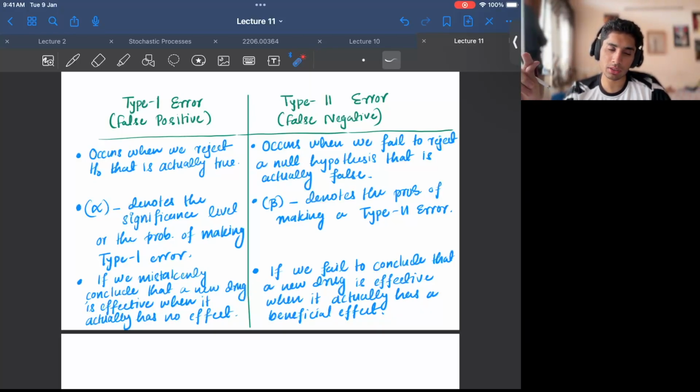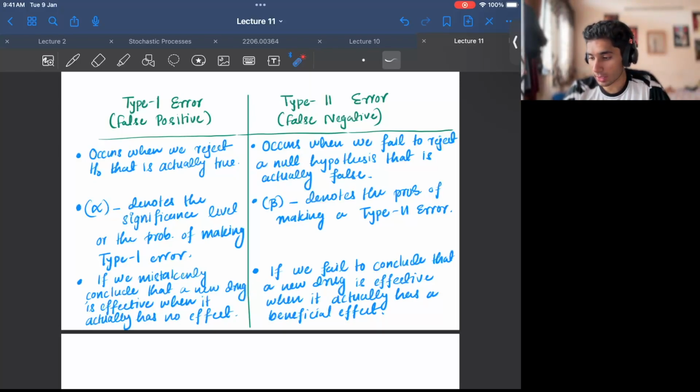That is much more harmful, because now the patients will take something that is not effective at all, and assume that it's actually effective. That is more dangerous than the situation where you conclude that it's not effective, but it was actually effective. Type 2 errors are like missed opportunities, but type 1 errors are like doing blunderous things. So I think type 1 error is more harmful compared to type 2 error.